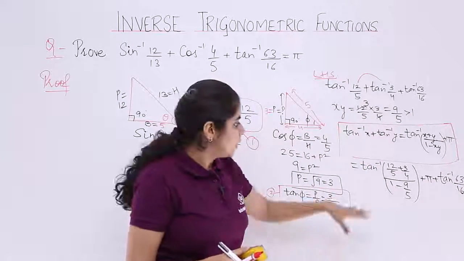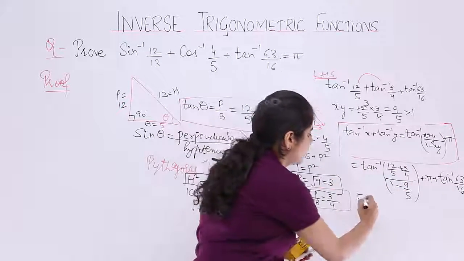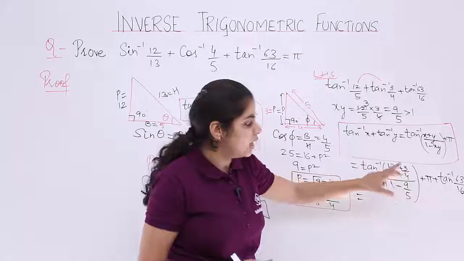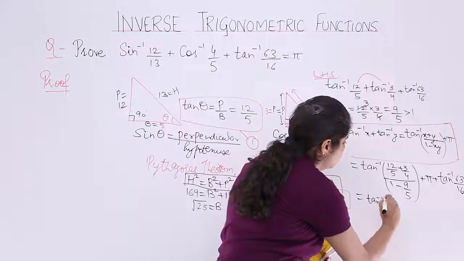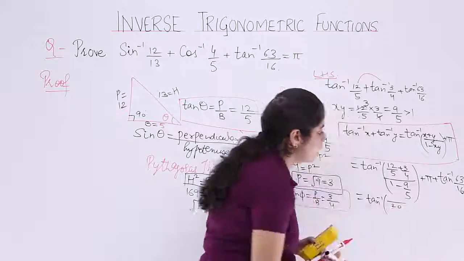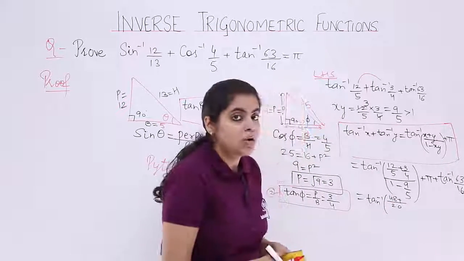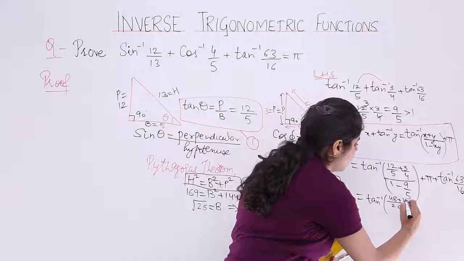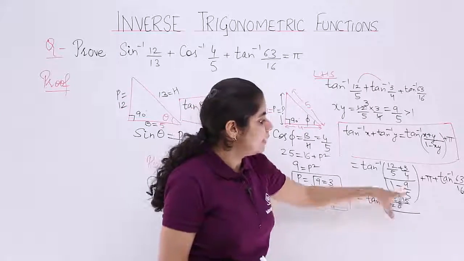Now, solve this and see what happens. The LCM of 5 and 4 is 20. 5 4s are 20, 12 4s are 48, plus 4 5s are 20, 5 3s are 15, divided by 1 minus 9 upon 5.